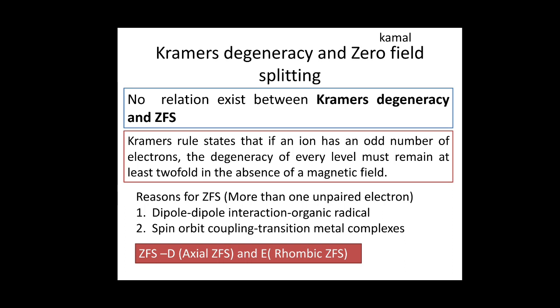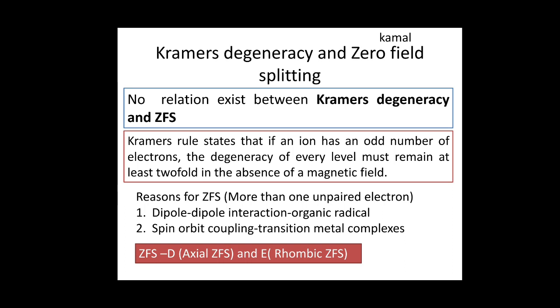Zero field splitting is a very complicated term, and it depends on many different things. I am not going to discuss how zero field splitting happens, because to know those things you need some idea of quantum mechanics, and without that it is very difficult to explain zero field splitting in a simple manner.